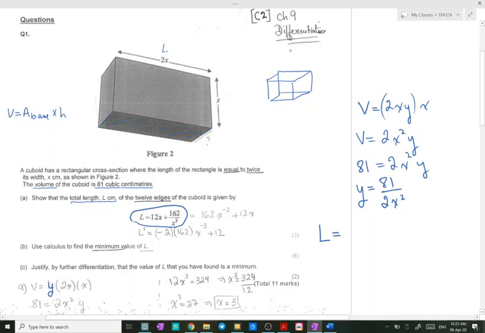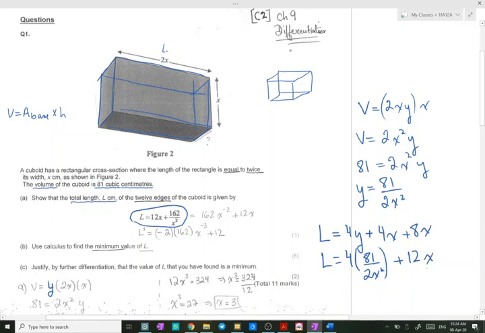So we have 1y, 2y, 3, 4y's, so it's 4y, plus 1x, 2, 3, 4x, and 1, 2, 3, 4, 2x, so it is 8x. So L is equal to 4 times y, replacing y by its value, 81 over 2x squared, plus 12x.